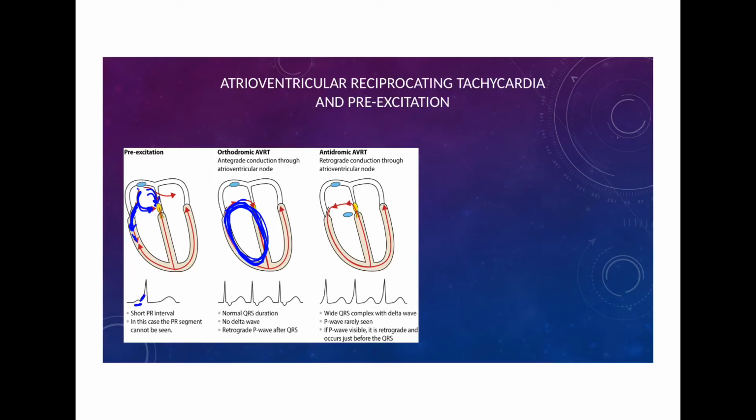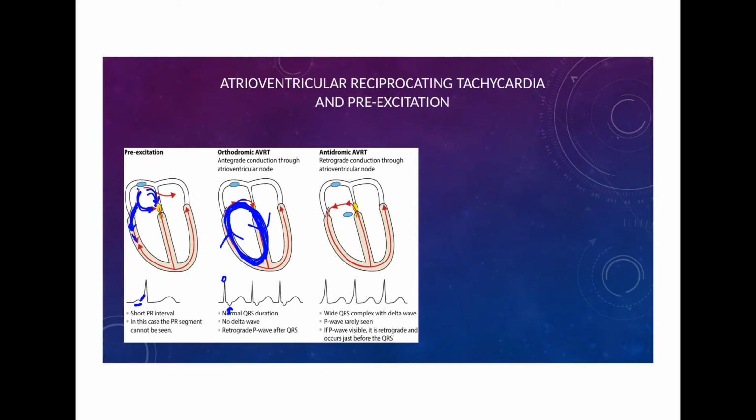And similarly, in this AVRT, if it goes in this direction, with the ventricles getting depolarized normally through the His-Purkinje system, you get a narrow complex QRS, and then the P wave is inverted and comes after the QRS. So that's what you see here. Narrow QRS, P wave inverted and after the QRS.